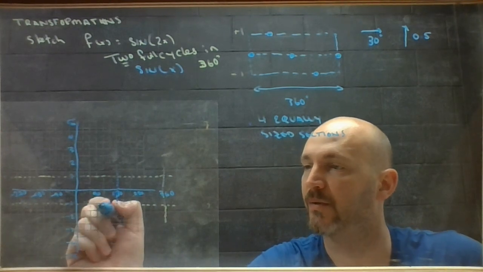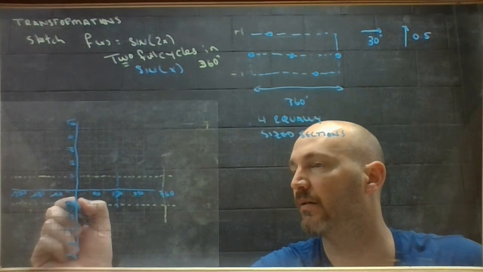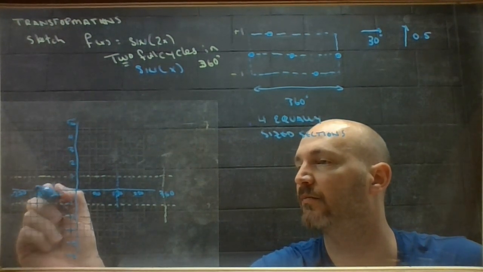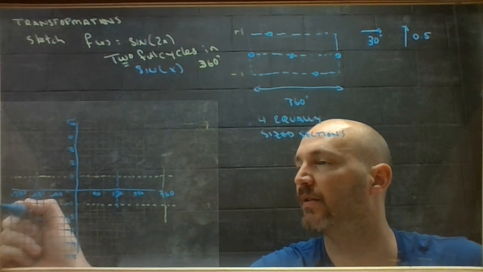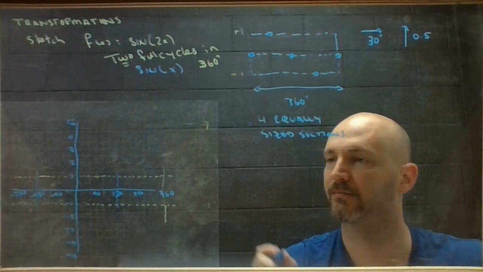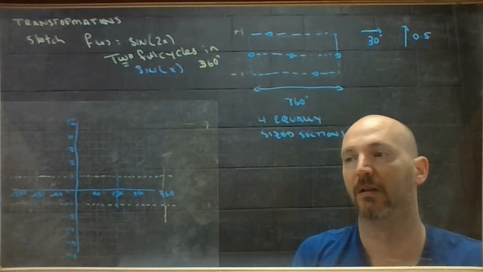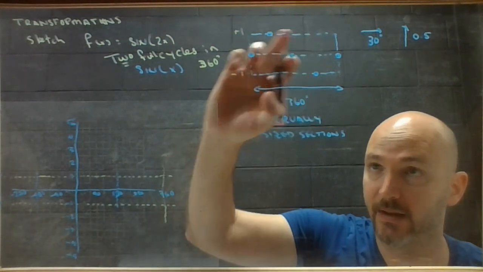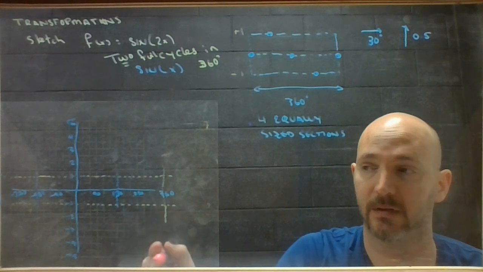So 1, 2, 3, 4, 5, 6 squares each. So if I go this way, 1, 2, 3, 4, 5, 6 here. 1, 2, 3, 4, 5, 6 here. Right at the edge. And now that I've established this little rectangle here, I have to fit this pattern into this shortened box.